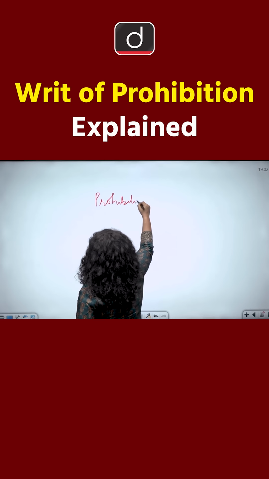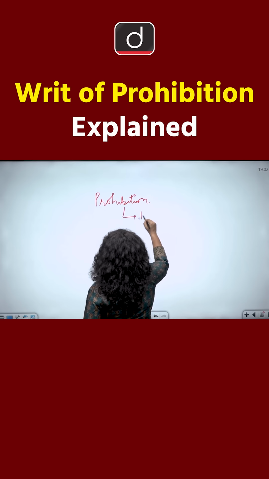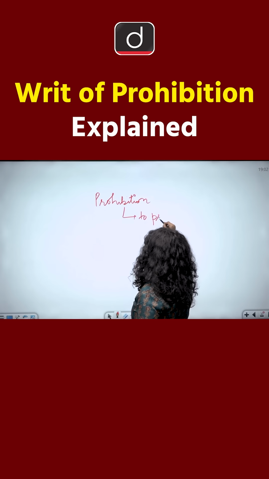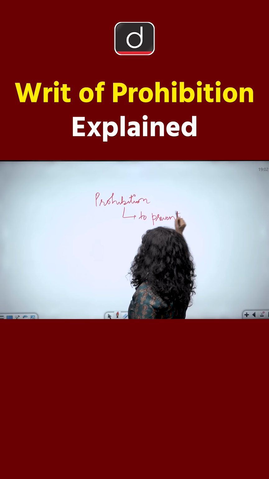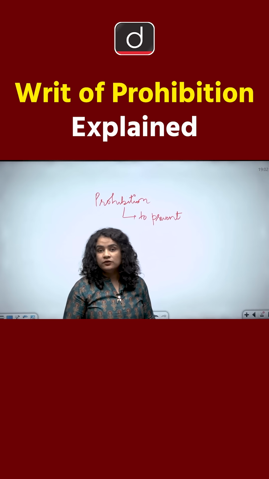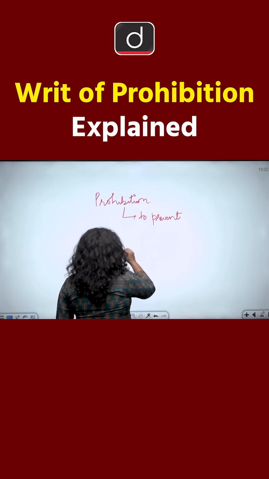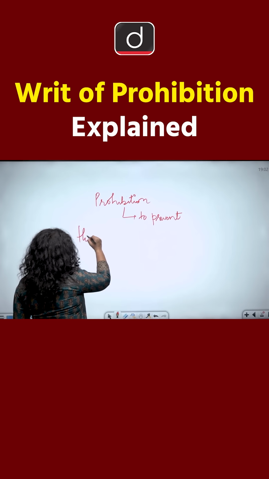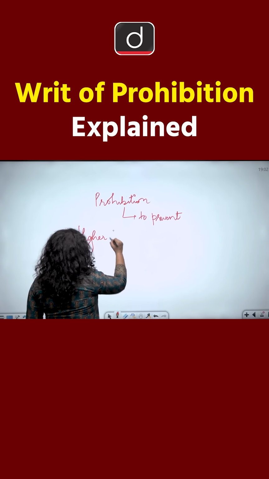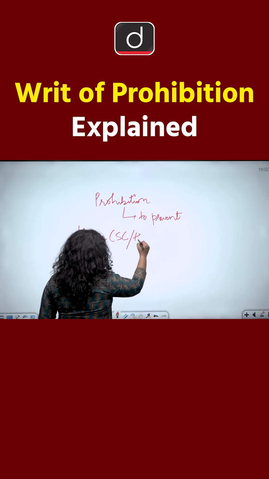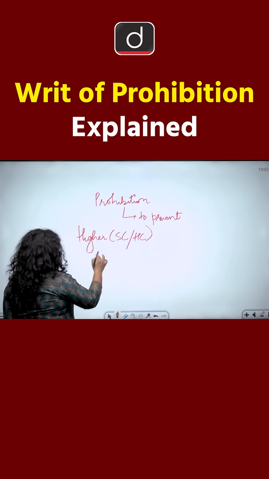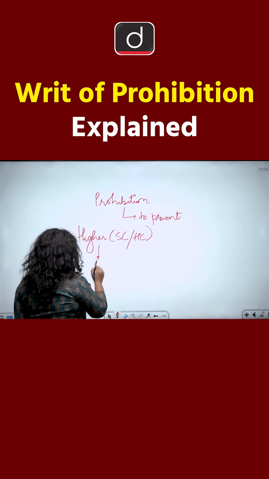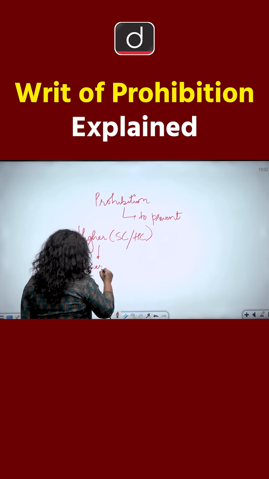Prohibition, as the name suggests, basically means to prohibit or to prevent. Who is preventing whom? Naturally, the higher courts, that is the Supreme Court or the High Court, are prohibiting the lower courts.